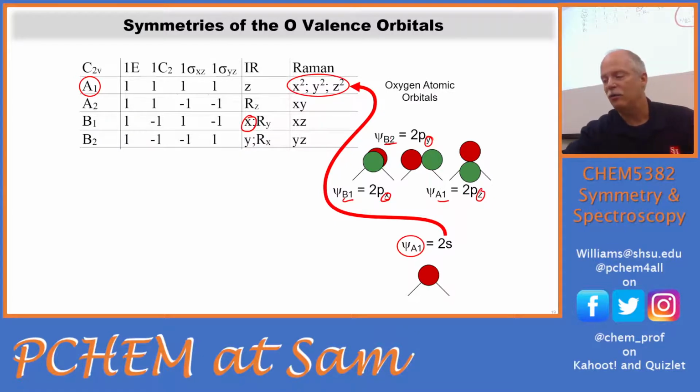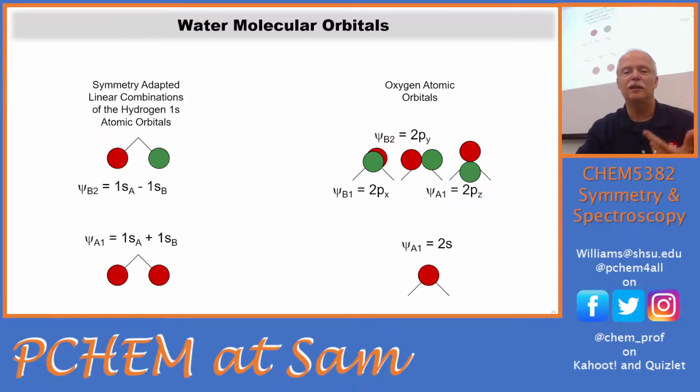So now we can make a molecular orbital diagram with our oxygen atomic orbitals and our symmetry adapted linear combinations of s orbitals on the hydrogens. And this is the principle that you need to write down, okay? Wave functions of the same symmetry will interact with each other.